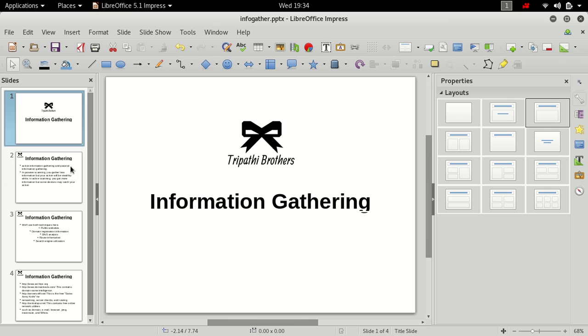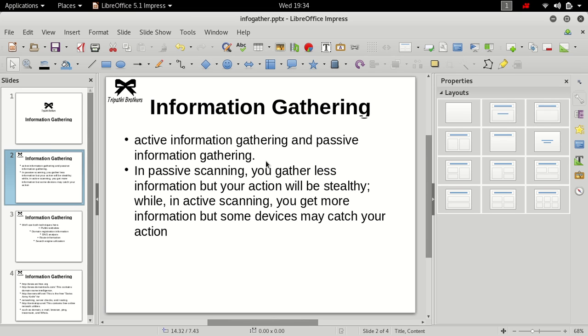So what is information gathering? Before hacking any target, we collect the information of that target. We try to collect as much information as possible. All the information will be needed in the future.